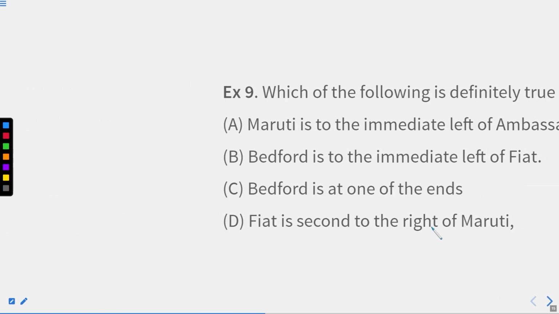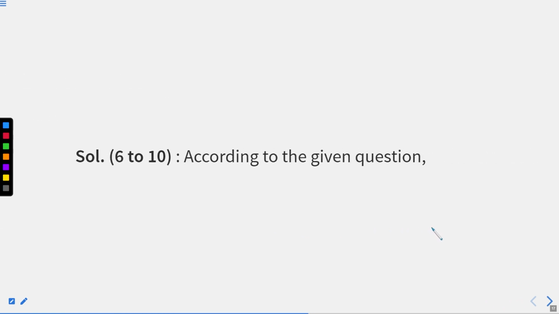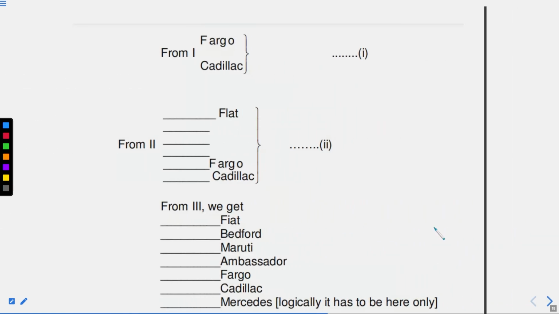Before that, I would like to show you the diagram, right? So this is the thing. From the first diagram, we are able to figure out that Farrago is immediate left to Cadillac, or Cadillac is immediate right to Farrago. This is the first part, right? According to the second equation, we know that Farrago is fourth right to Fate, right?